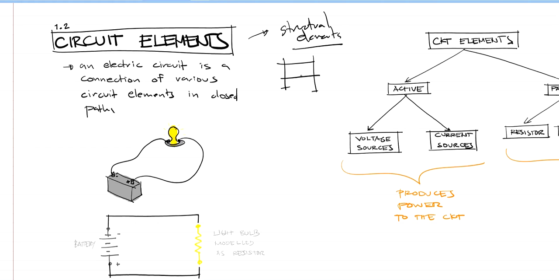A building consists of various structural elements like the columns, the beams, the braces, the floors, and all that. And for machine elements, a machine consists of pulleys, gears, chains, and many other elements, right?